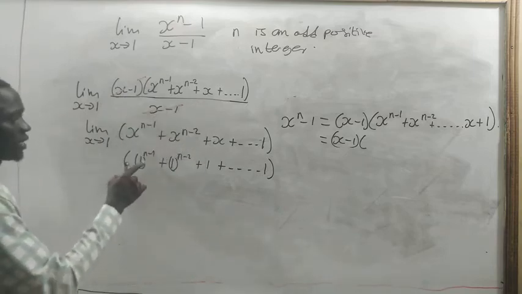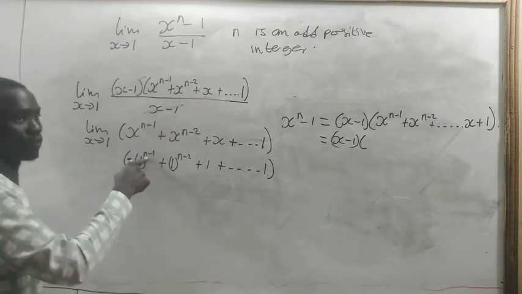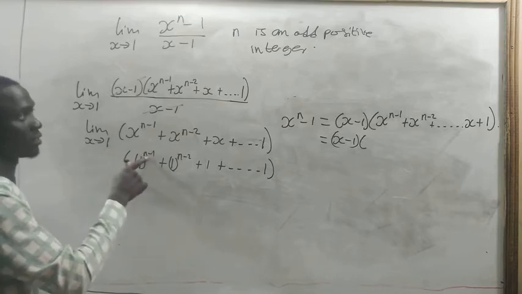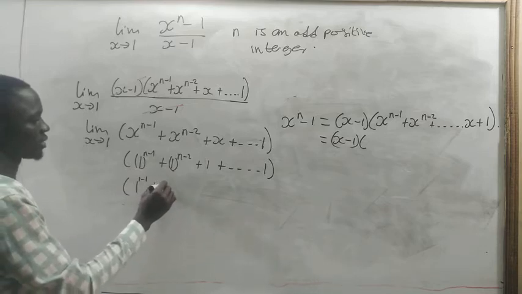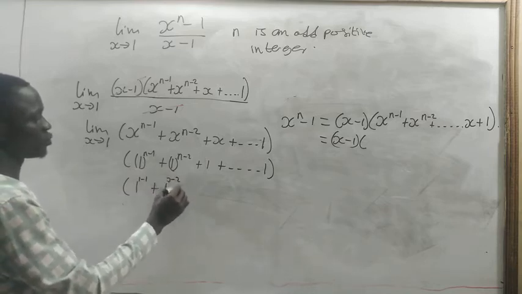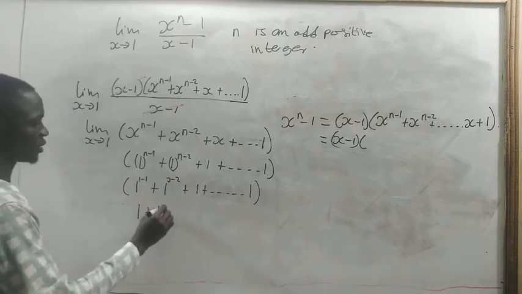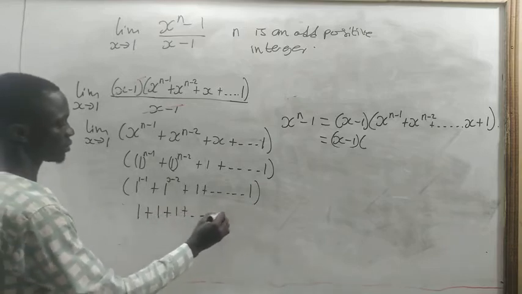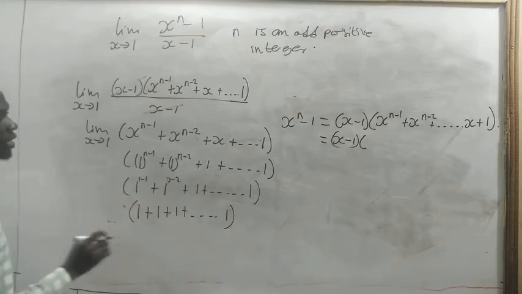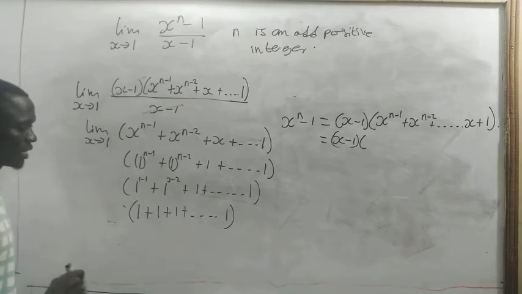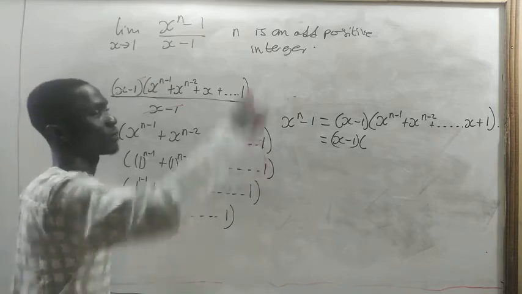Since n is an odd positive integer, we started from 1 and each term is 1. We've substituted 1, so the limit has gone. So now this is what we have: 1 plus 1 plus 1 plus 1 plus 1 up to 1.